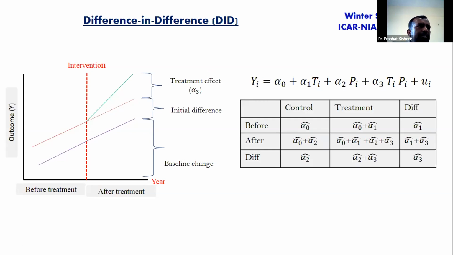If you have seen or covered the difference-in-differences model earlier, these are the main parameters. In simple language, if somebody asks me, I can say: the differences here and the differences here, and then you take the difference of these differences. So you will get this treatment effect, A3. But it is not that simple once you run the model.